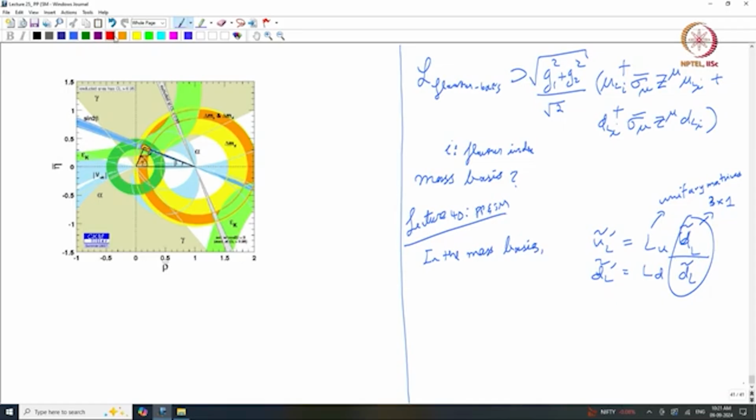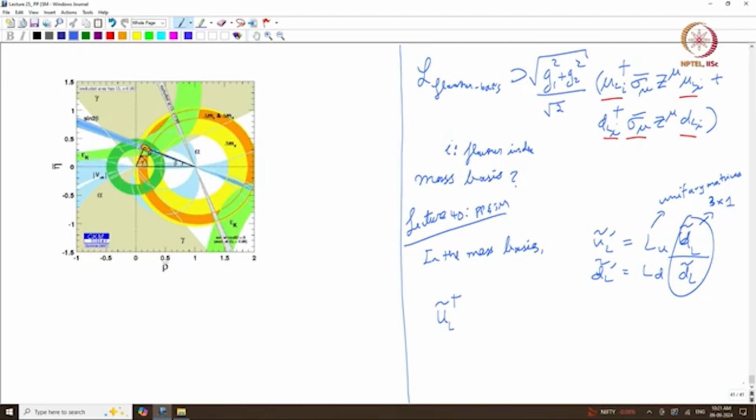Now what happens if I do that here? Let me just write this down so that it is clear. I am not going to put the i index, I am going to write it in terms of the 3 cross 1 itself, in flavor space.